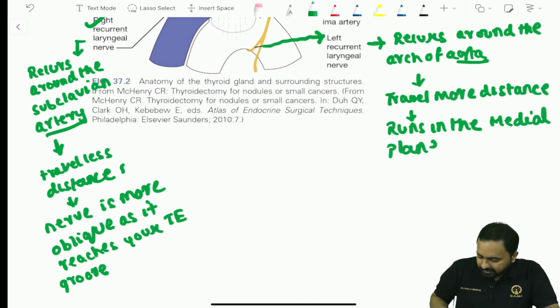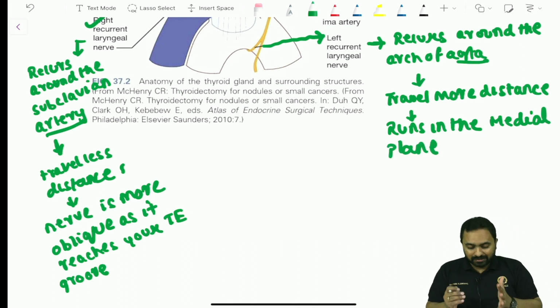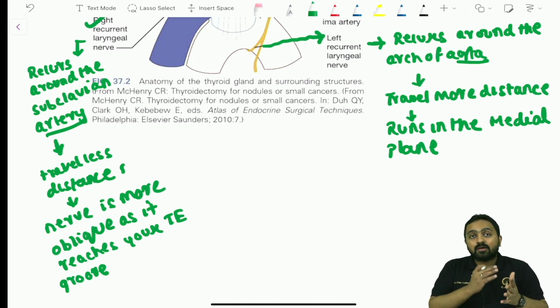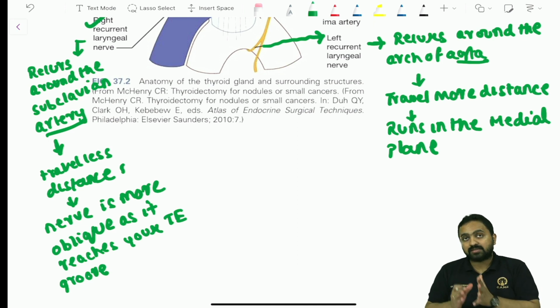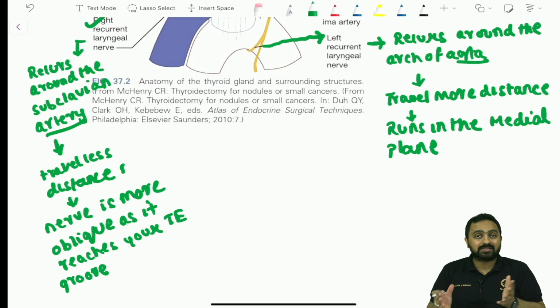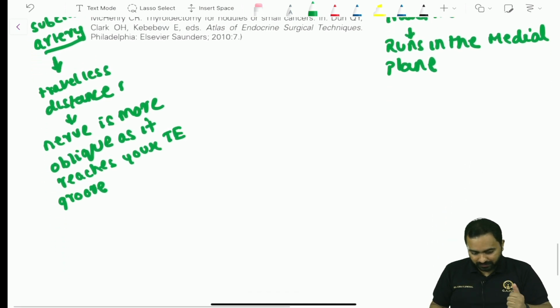So how can this information be put up to the question? They can actually ask you regarding where does the right recurrent laryngeal nerve recur and where does the left recurrent laryngeal nerve recur, and which travels more distance and which travels less distance as a true or false statement. Right.